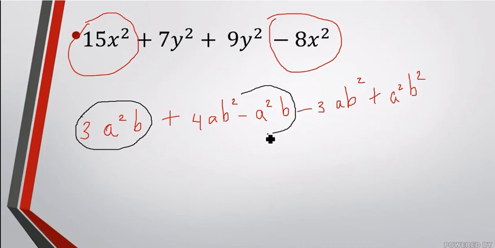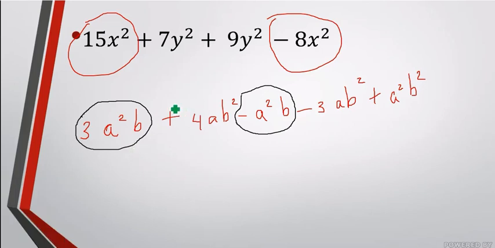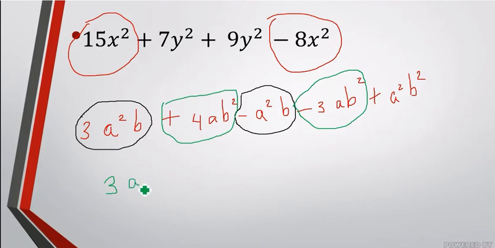Do I have another? Yes, I have minus a squared b. So I'm going to group that together. And then the other that I'm going to group together is my positive 4ab squared minus my 3ab squared. Okay? And we only have one term in a squared b squared. So we're going to write it again, and then we're going to work it out.